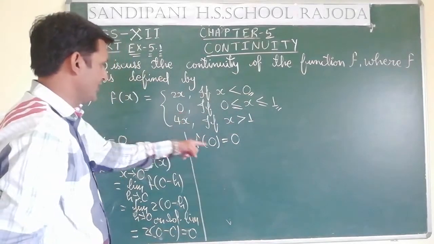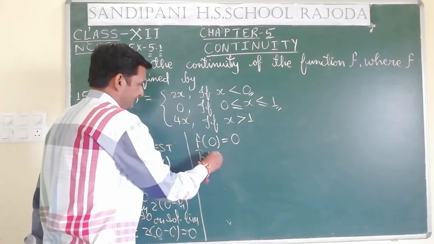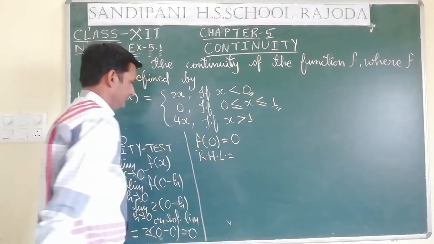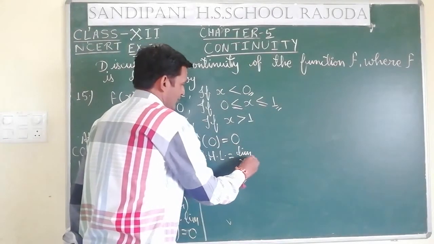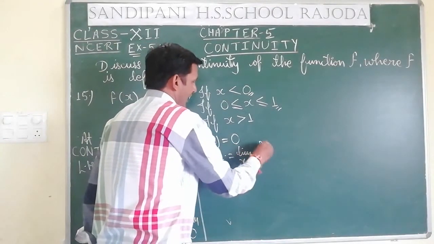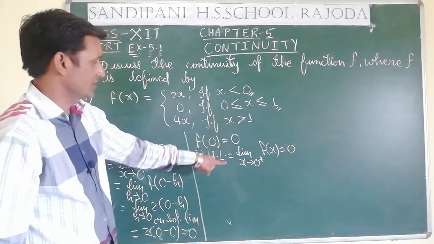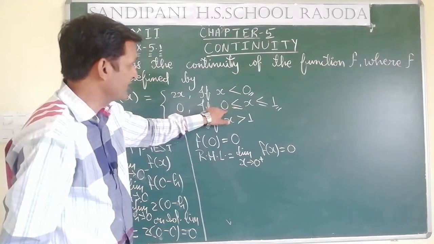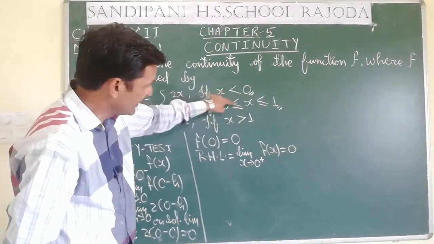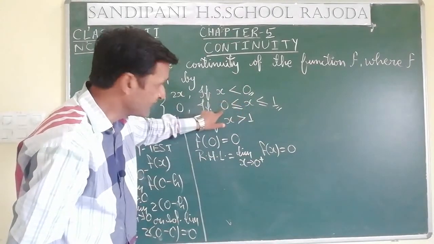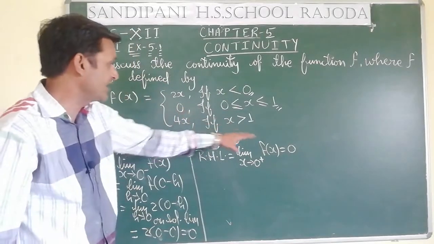For x equal to 0 it is 0 directly, and for RHL, which means limit x tends to 0 plus f of x, that is also directly given 0, because RHL means x is greater than 0. 0 is less than x or x is greater than 0. Both are one and the same thing. So in RHL part it is again 0.